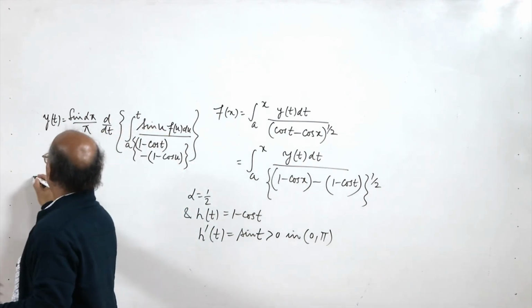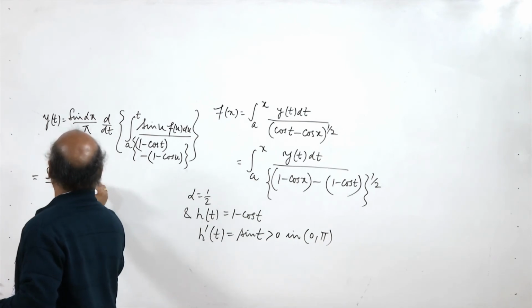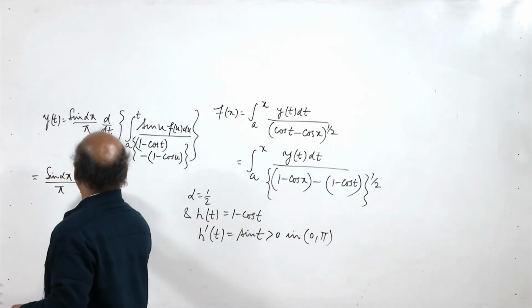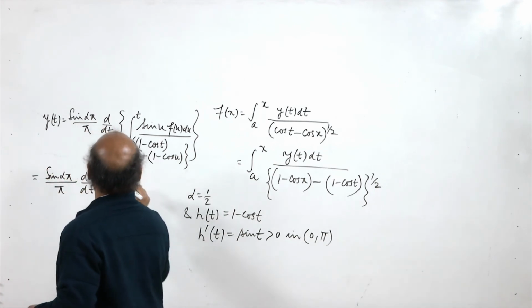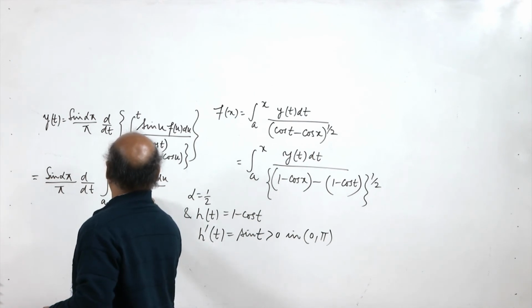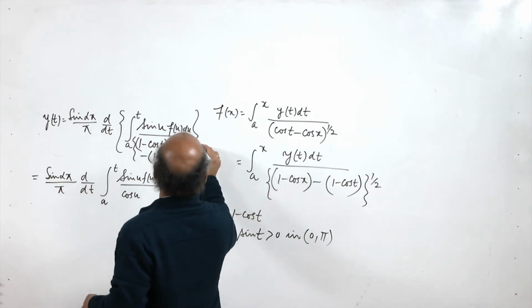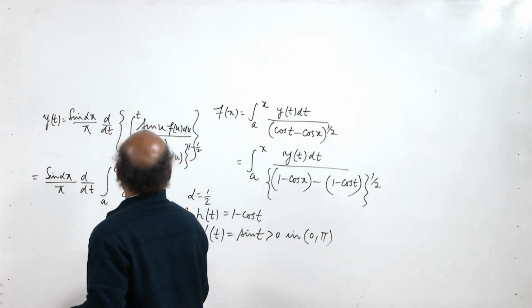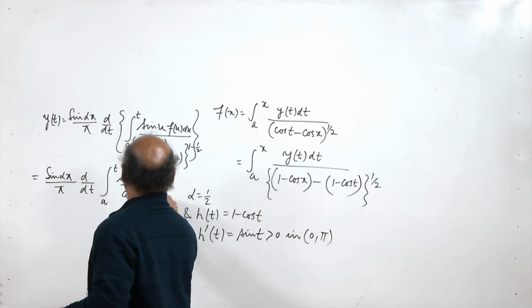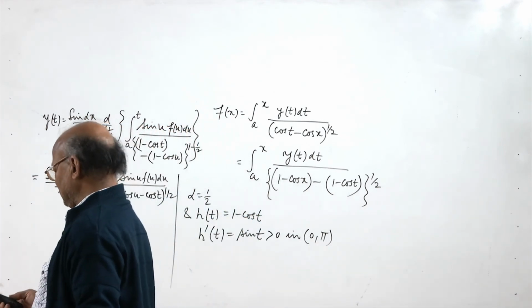That equals sin(alpha pi) over pi, d over dt of the integral from a to t of sin u f(u) du divided by (cos u minus cos t) raised to the power half, with 1 minus alpha being 1 minus half. So this is the solution of the given integral equation.